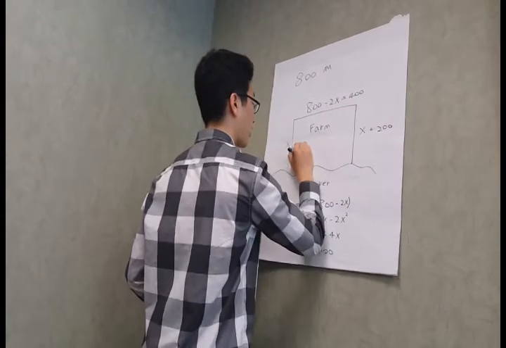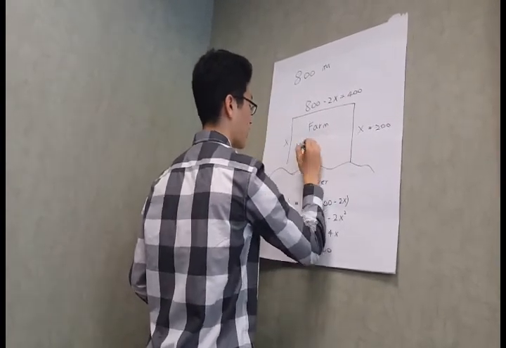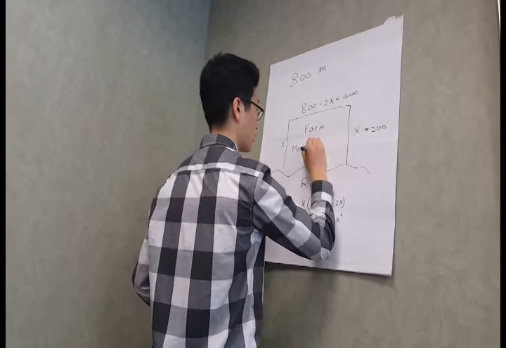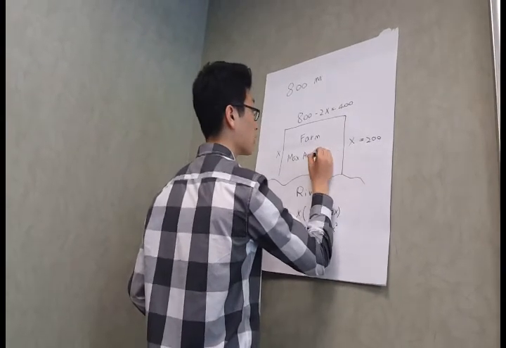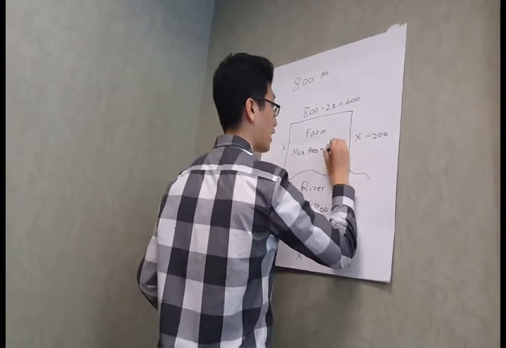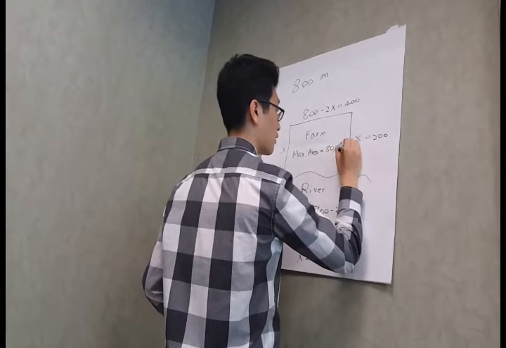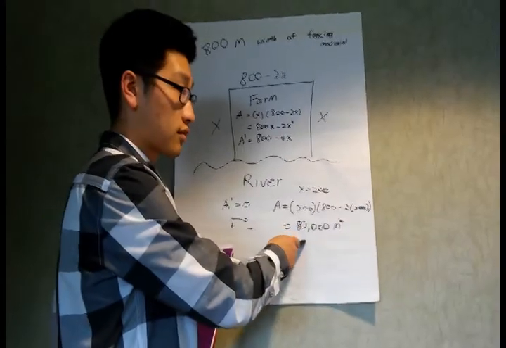And that the maximum area that we can get from that dimension is 80,000 meters squared.